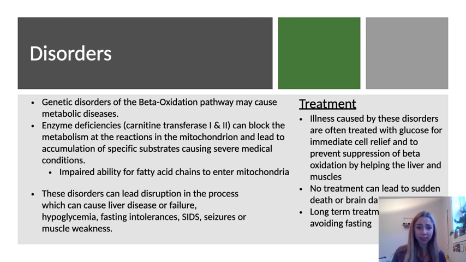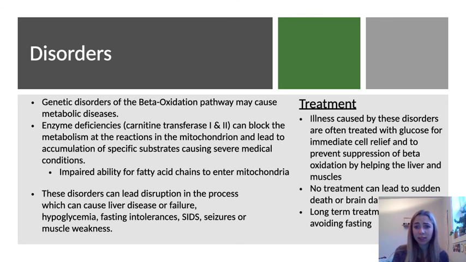These disorders can lead to disruptions in the process of beta oxidation, which can cause liver disease or failure, hypoglycemia, fasting intolerances, SIDS, which is sudden infant death syndrome, seizures, or muscle weakness. So lots of things can happen if this process of beta oxidation does not work.